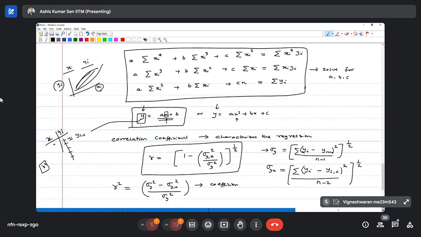Okay, R square is called the coefficient of determination. Now, if you have a perfect fit, right? Let's say you got 1, 2, 3, 4 as xi's, and your corresponding yi you got, let's say 0.1, 0.2, 0.3, 0.4. This is from the measurement. Now, using the curve fit y equal to a xi plus b, you got exactly the same value.